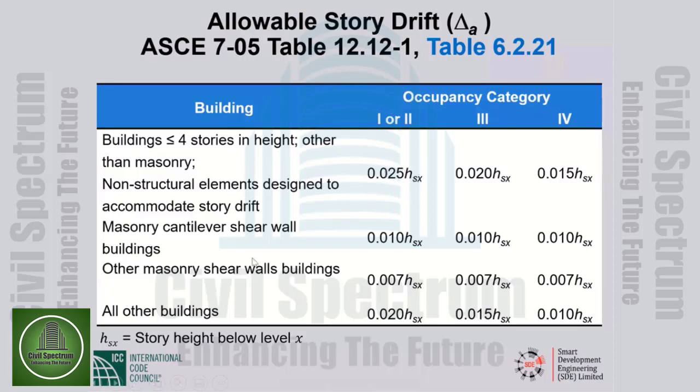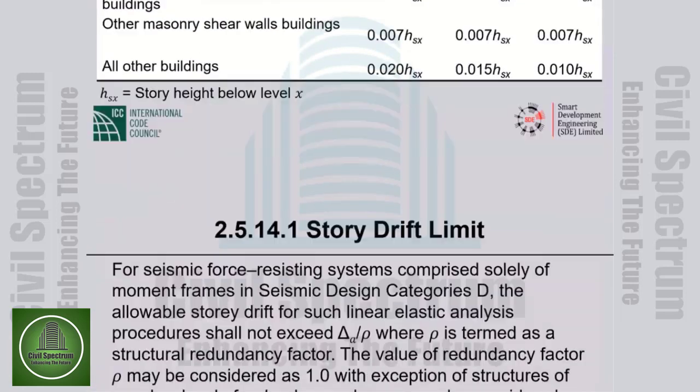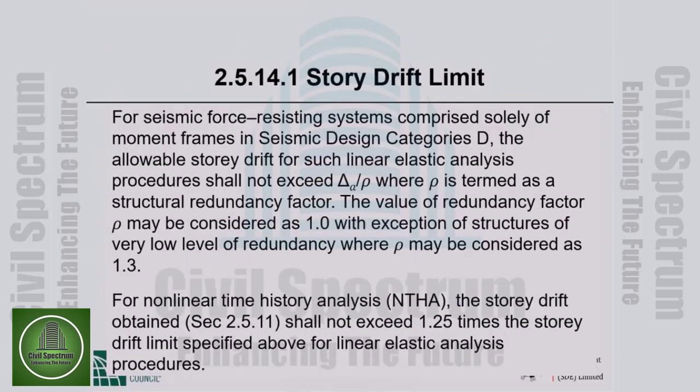I know a lot of engineers will use that drift limit, claiming that their building has non-structural elements designed to accommodate story drift because they comply with Chapter 13 of ASCE 7, which is the chapter on non-structural components. Anyway, it is my advice that you stick to this limit, 2% of story height for standard occupancy buildings, going down to 1% of story height for hospitals.